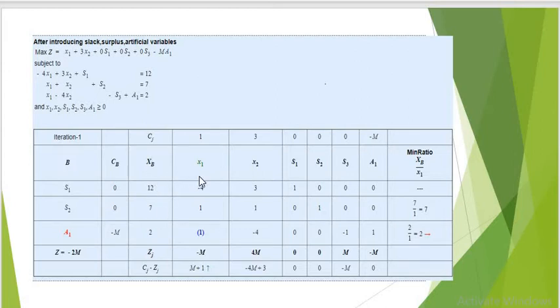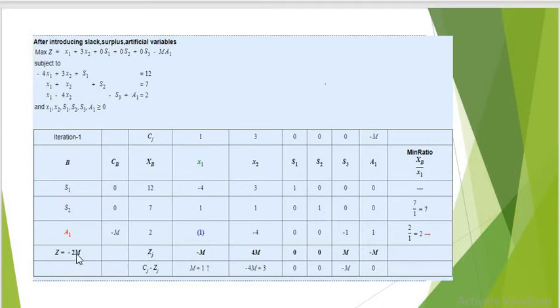Then we write the coefficients of x1, x2, s1, s2, s3, a1 from the equations in this table. Next, write the coefficients of x1, x2, s1, s2, s3, a1 in the objective function as the values of Cj.